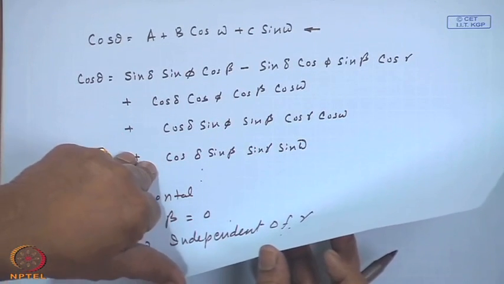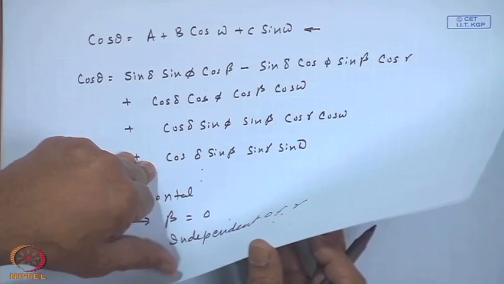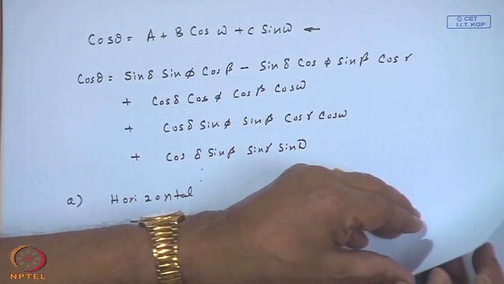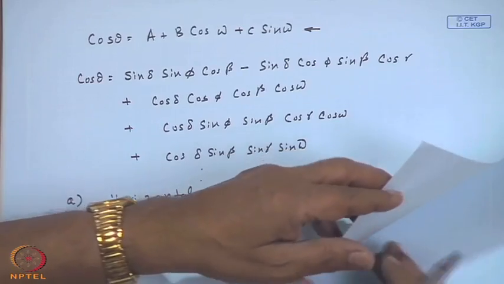If you have a horizontal surface, the outer normal will be the zenith, and the projection of that on a horizontal plane will be only a point. Consequently, it should not depend upon the azimuthal angle. There is no way to define the azimuthal angle, and very rightly the cosine theta expression reduces to be independent of the azimuthal angle once you put beta equal to 0.